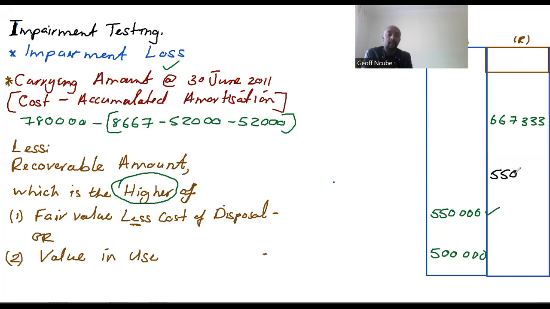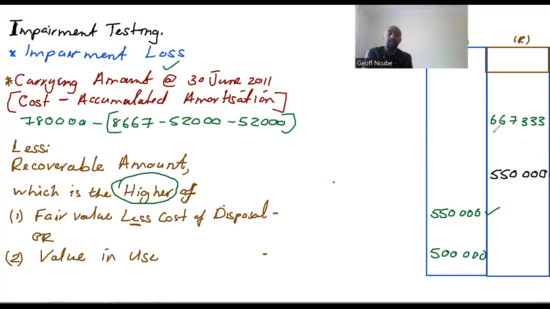You remember we said, according to the paragraph, that if the carrying amount exceeds the recoverable amount, then we have a trigger called impairment. And that condition is satisfied here. The carrying amount is greater than the recoverable amount.